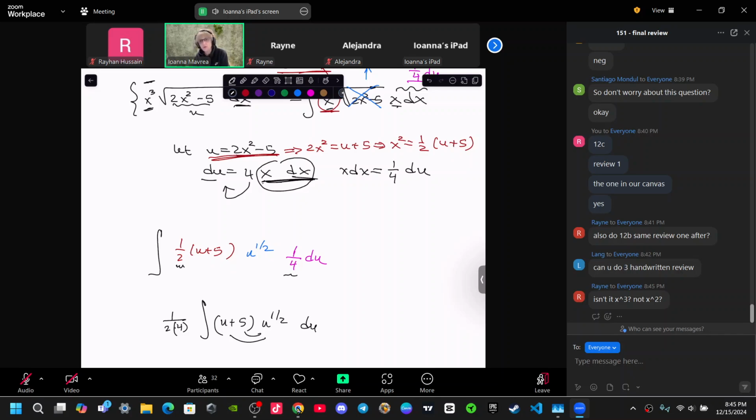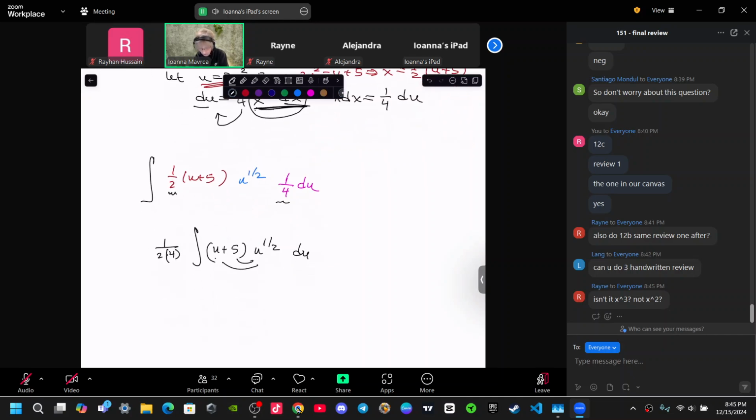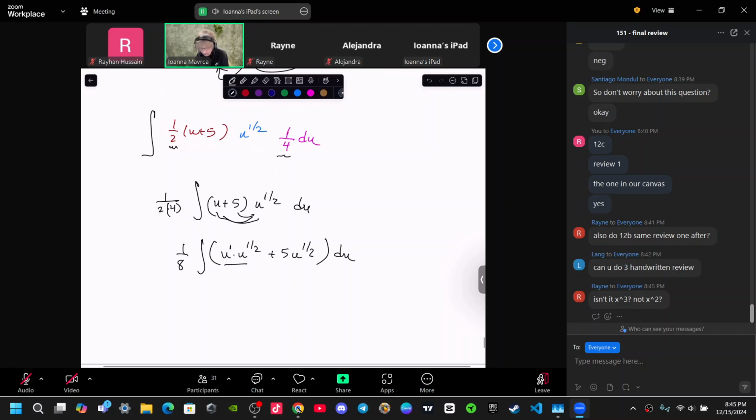That I can distribute because the square root only has one thing inside it, a u, so I can distribute now, right? So I have u times u to the half plus 5 times u to the half, and outside I have du. The power here, I add the power, so it's u to the 3/2.